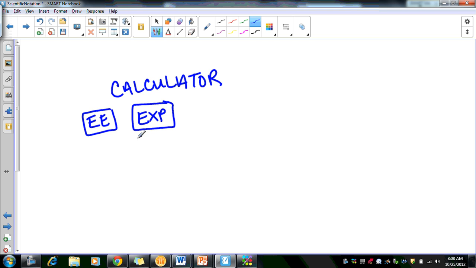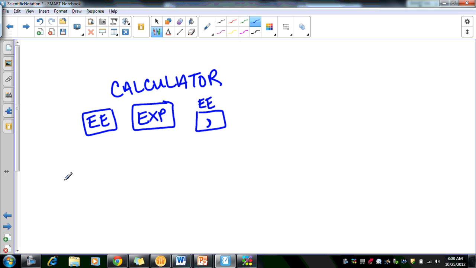Or if you have one of the standard TI calculators, above the comma button, it says EE. That's the same as this one. So this EE, it's not E, it's EE or EXP for your scientific notation.